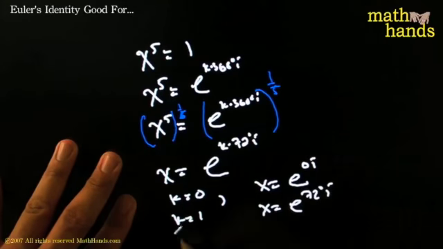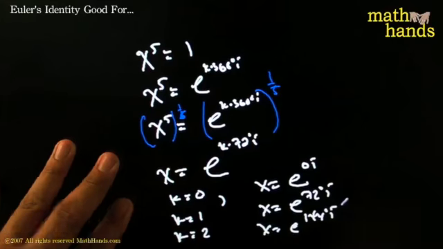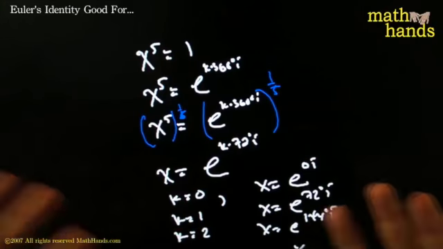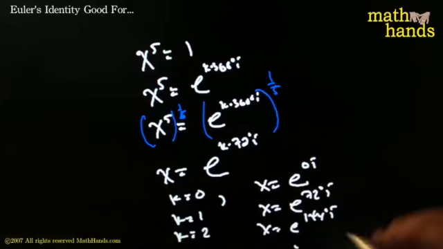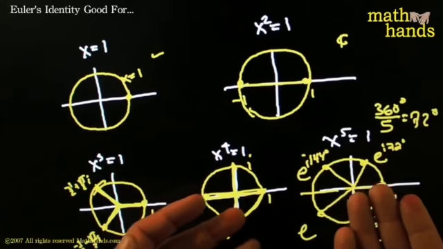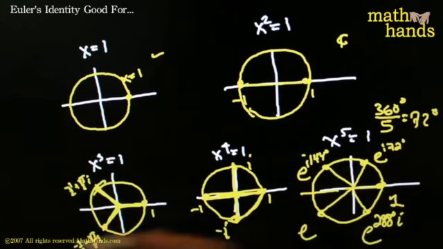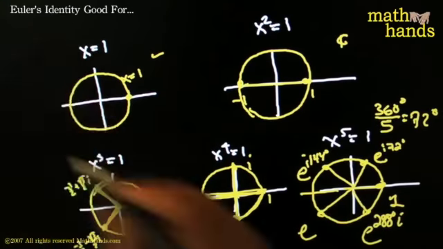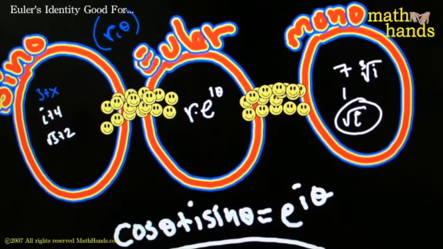How? Well, for sure they would be the same if these were equal to each other. If 4 theta i is equal to k 360 i, then this would be true.